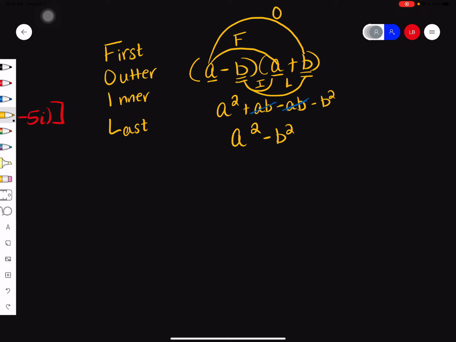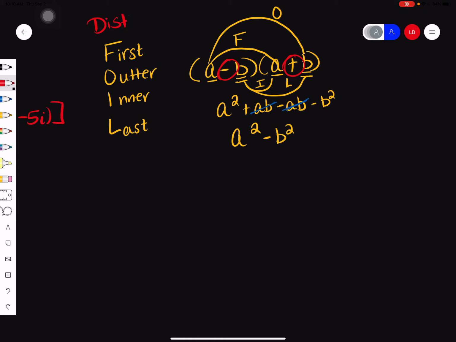So when we multiply two binomials that have the same terms, and the only difference is that one has a plus sign and the other has a minus sign, there's a shortcut. We don't have to do the entire distributive property.